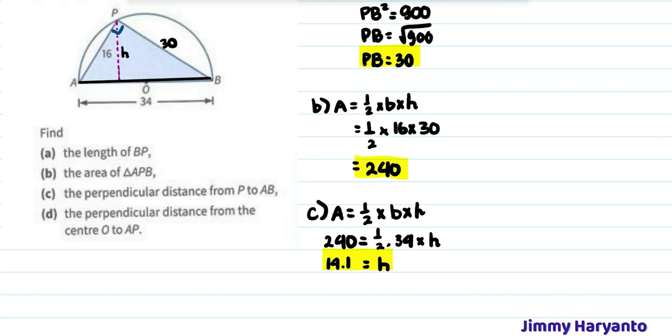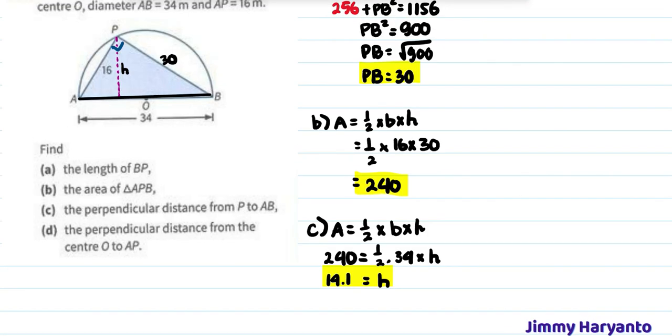Next, perpendicular distance from the O to AP. Wait, let me draw it first. From O to AP. That means this one.